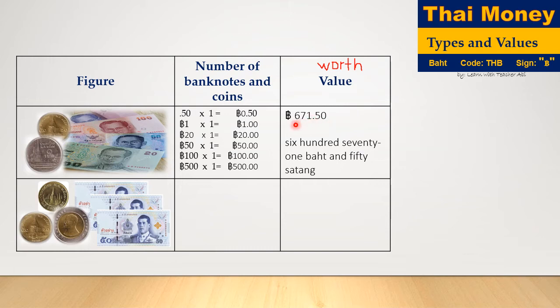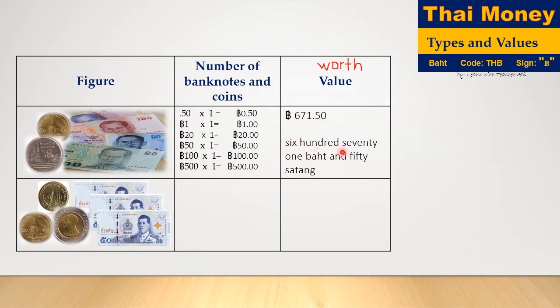Now, if there is a value of baht and satang here, you need to read the decimal point as 'and'. Okay, so let's read it. This is how you write the money in symbol. There's a symbol here, the baht, and the decimal point, and also the number.